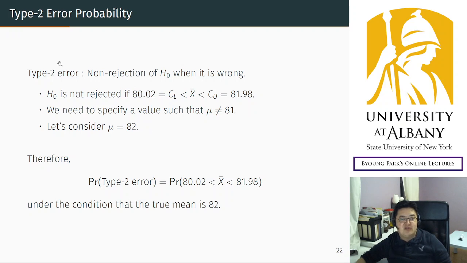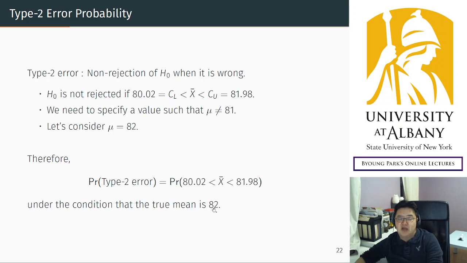Given this setup, you can calculate the probability of type 2 error as the probability of not rejecting the null hypothesis, or the probability that the sample average lies within the critical values, under the assumption that the true mean is actually 82, right?